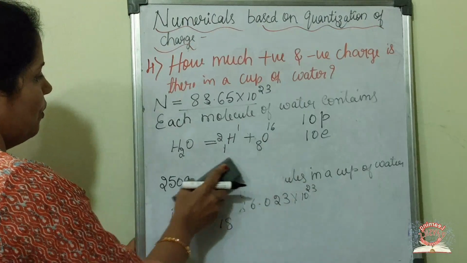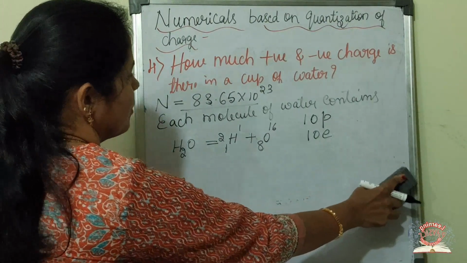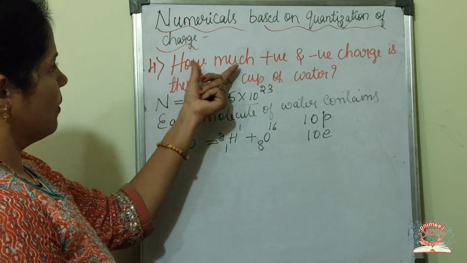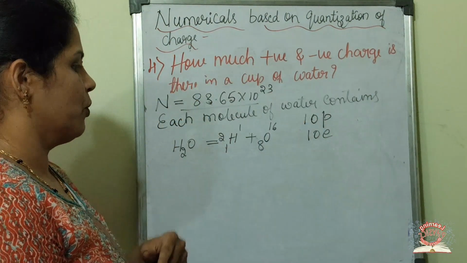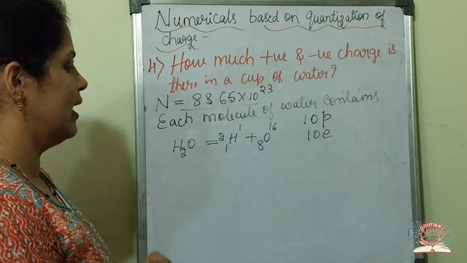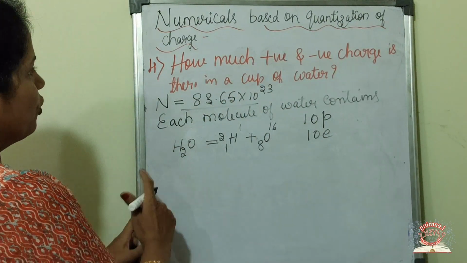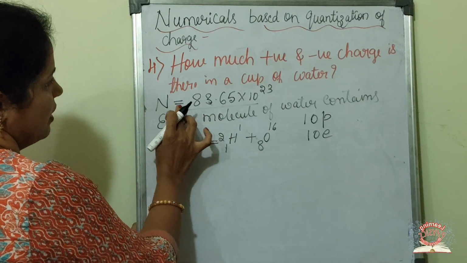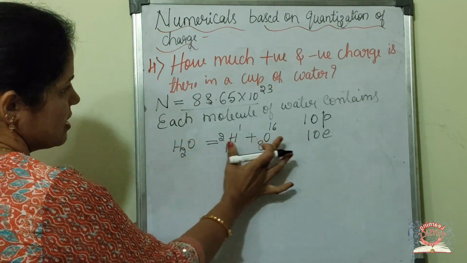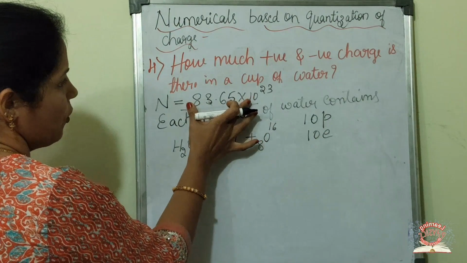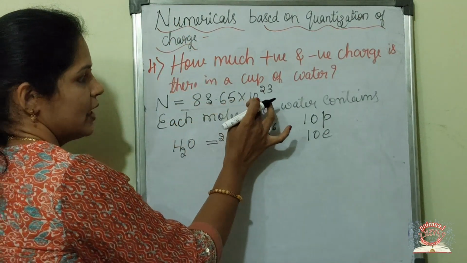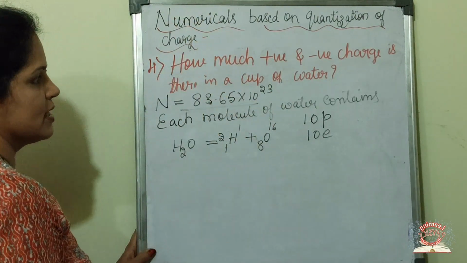Now we need to calculate the charge. There are 10 positive and 10 negative charges in one molecule. How many molecules are there? 83.65 into 10 to the power 23 molecules are there.